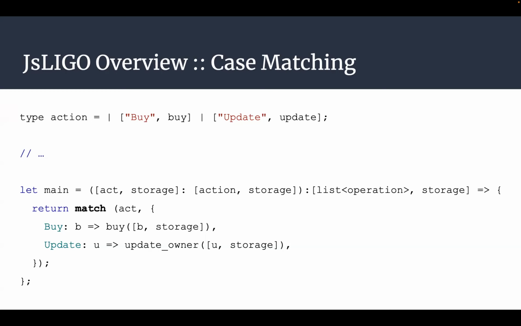The compiler refuses to compile because if you just provide the match with a buy, we have what we call a partial function, and partial functions are prohibited because if you call such code with update, it could crash. So it's prohibited. You should provide an exhaustive match, and this is the case in all syntaxes. It's not only in JsLIGO, but in all syntaxes.